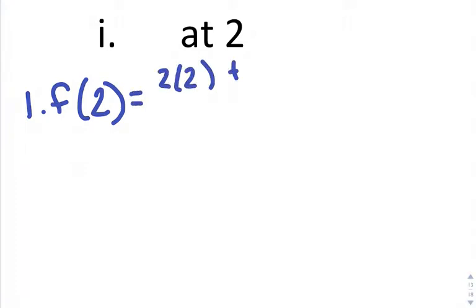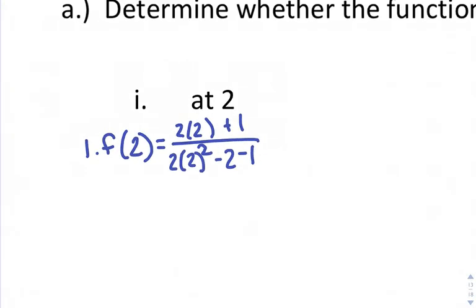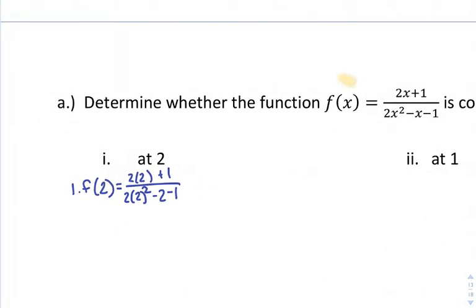The first one is to compute f of 2, which is just plugging in a 2 for all my x values. So this would turn into 2 times 2 plus 1 over 2 times 2 squared minus 2 minus 1. If you're wondering where I'm getting those numbers from, that is just your function up here. I just plugged in a 2 for every x value I saw.